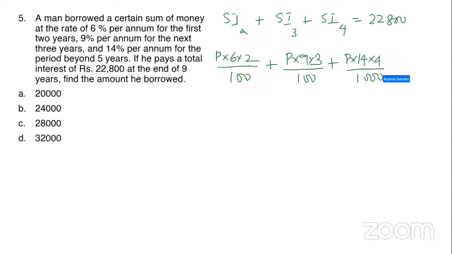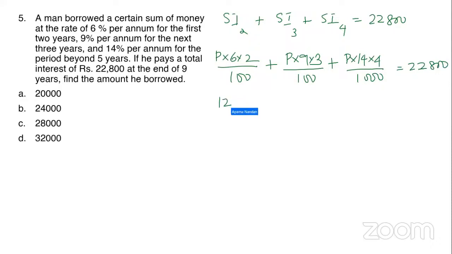When you add all this, you will get 22,800.